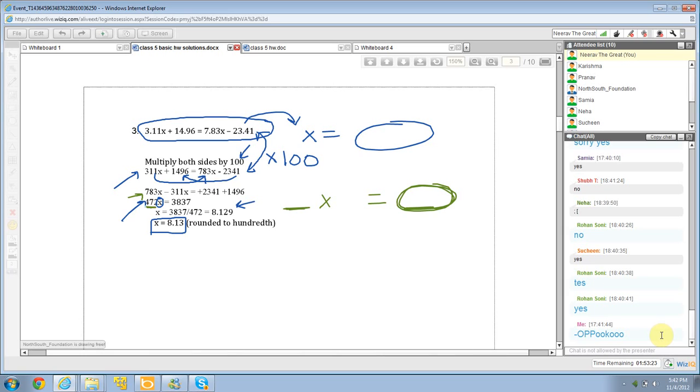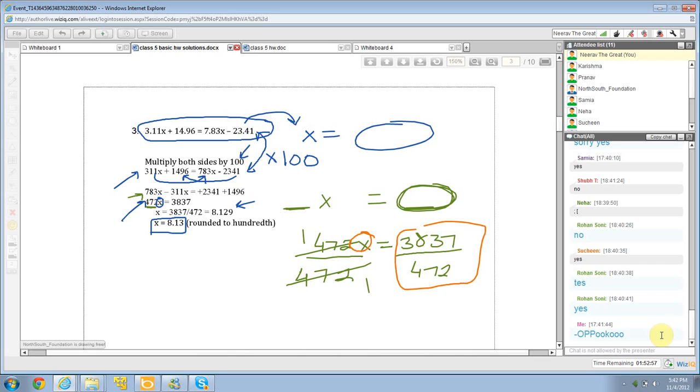What we have to do now is get this 472 to the other side, so we divide both sides by 472. By doing so, we can cancel that, and then we get x right here. So x is equal to this number.